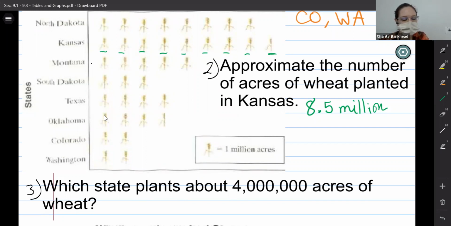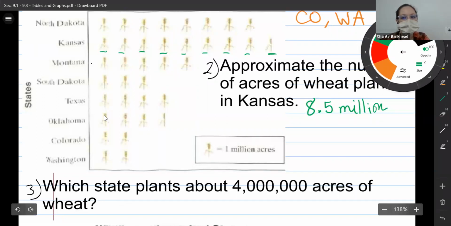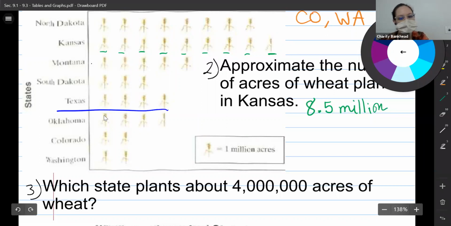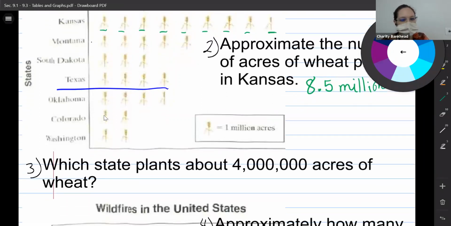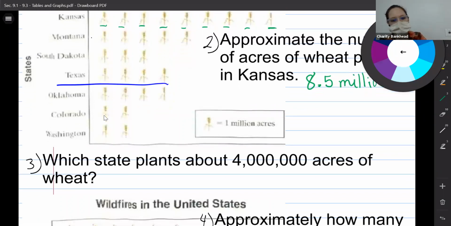Number 3, which state plants about 4 million acres of wheat? So that is Texas. Oklahoma is actually 3.5. Of course, we're better than them, as always.